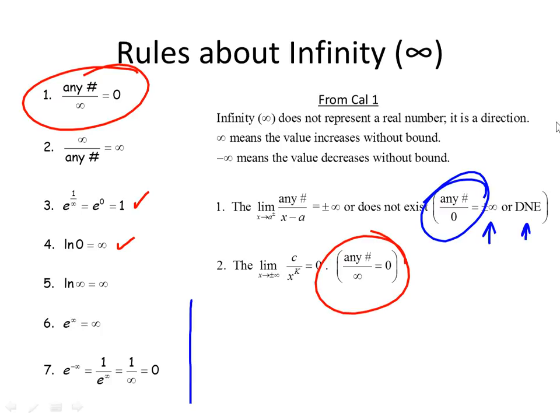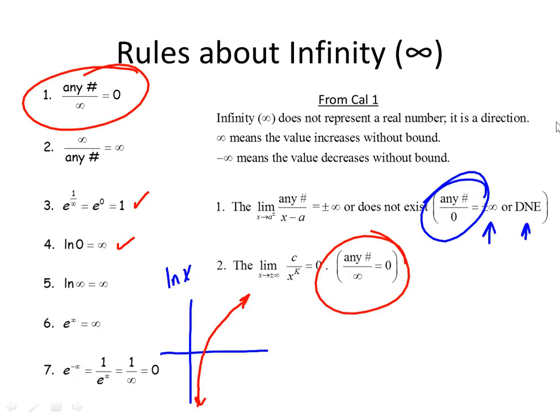If I draw the graph of the natural log of x, the y-axis is an asymptote, and you're never going to reach 0. So you can't take the natural log of 0 because it gets so close to 0 that it'll never reach 0. So the natural log of 0 is infinity. Technically, you can see it's negative infinity, but we're not going to worry about that.